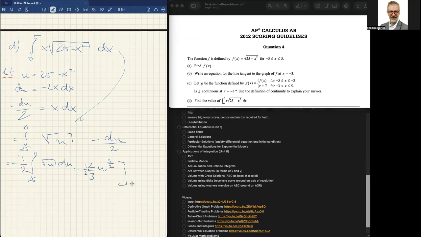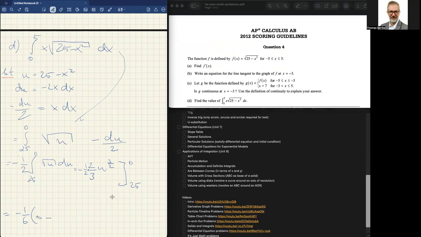Okay, and then I have to plug in 0 and 25. So this is going to be the same as, this is 1 times 2 is 2, 2 times 3 is 6. So that's -1/6 as the factor in front. And if I plug in 0 for u, I get 0.